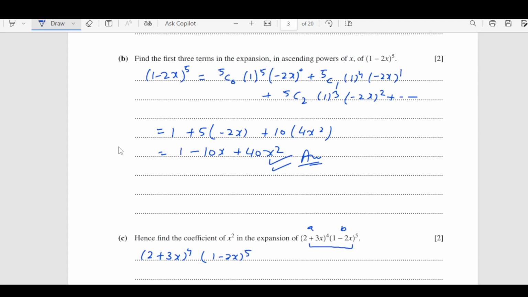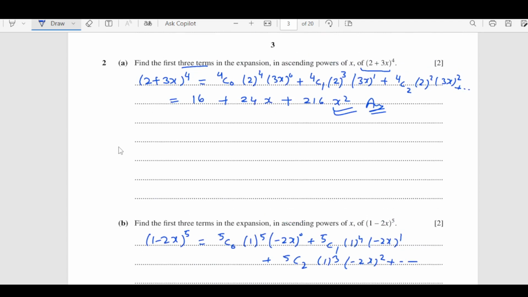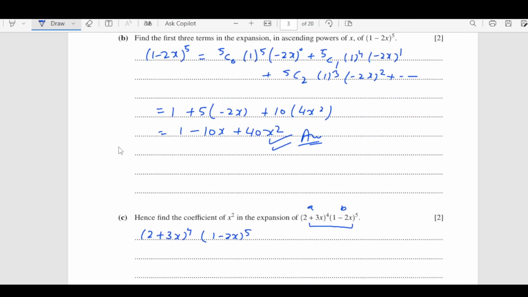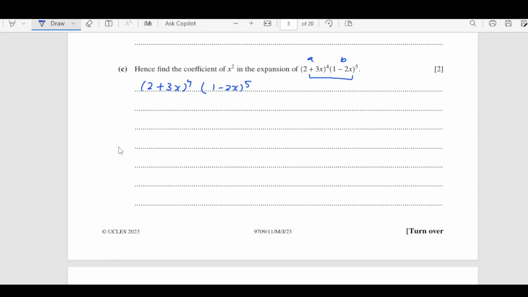We will take the answers from the first part and the second part, and then we will multiply, right? The first one was 16 plus 96x plus 216x squared. The other one we have is 1 minus 10x plus 40x squared.